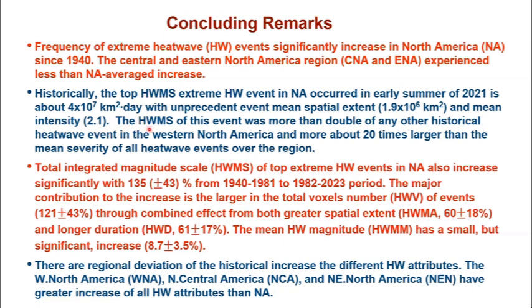Okay, and this event is actually more than double any historical event, and about 20 times larger than the mean severity of all of the events over the same region.